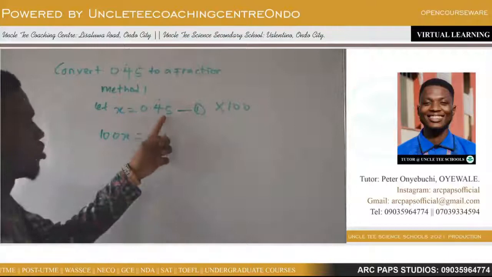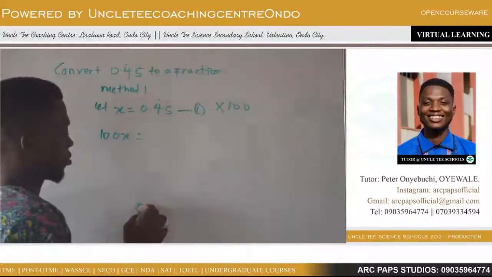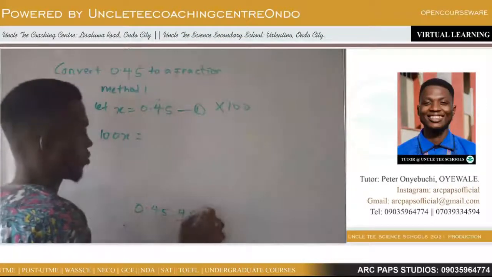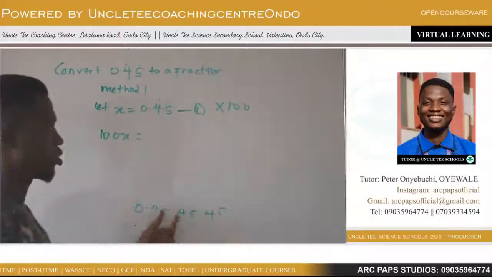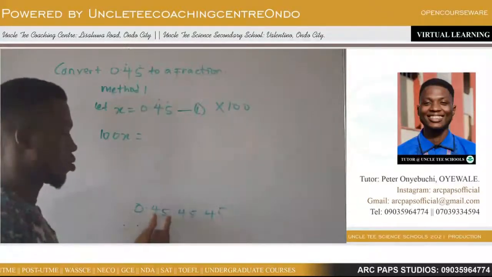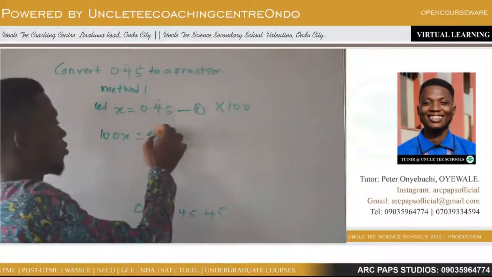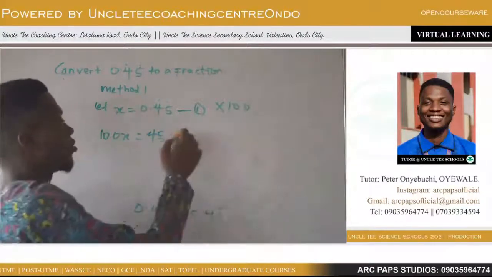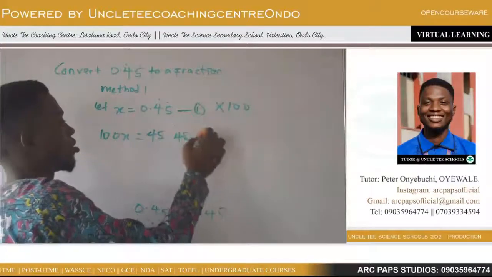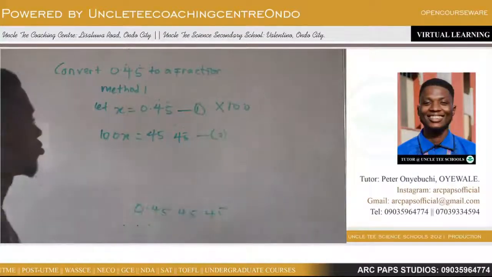If you multiply 0.45 to infinity, this is 0.45454545 and so on, by 100, the first two digits after the decimal point will come to the whole number, which will be 45 point 4545 to infinity, which is still 45 to infinity dot dot. Equation 2.